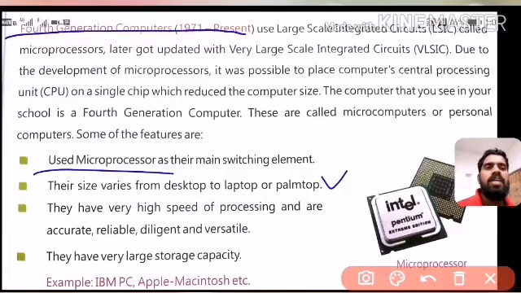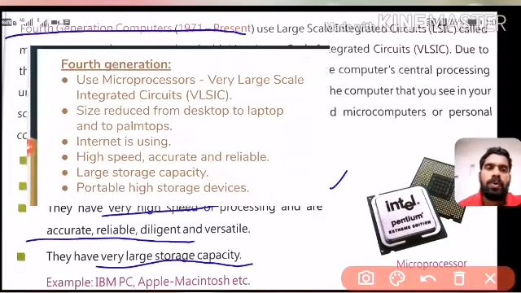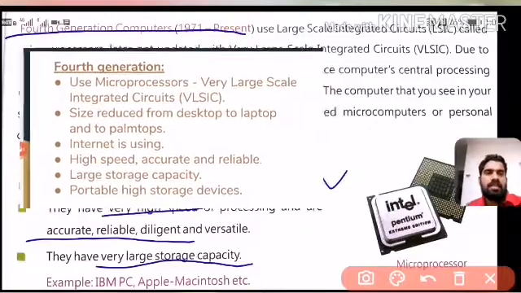They have a very high speed of processing and are accurate, reliable, diligent, and versatile. They have very large storage capacity as compared to other generations.